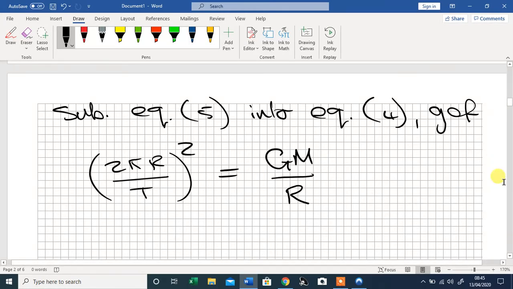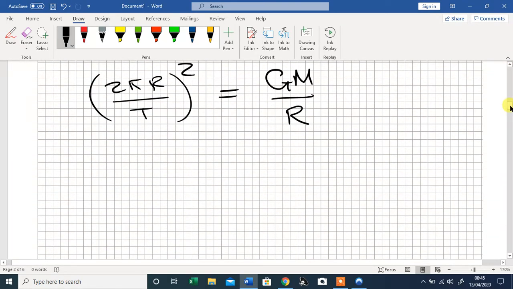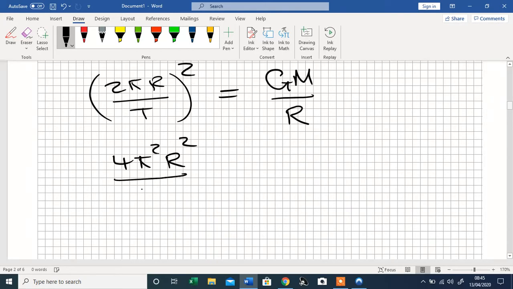Now we'll just scroll down a little bit because we can simplify this equation to get 4 pi squared r squared over t squared, and that's equal to GM over r.